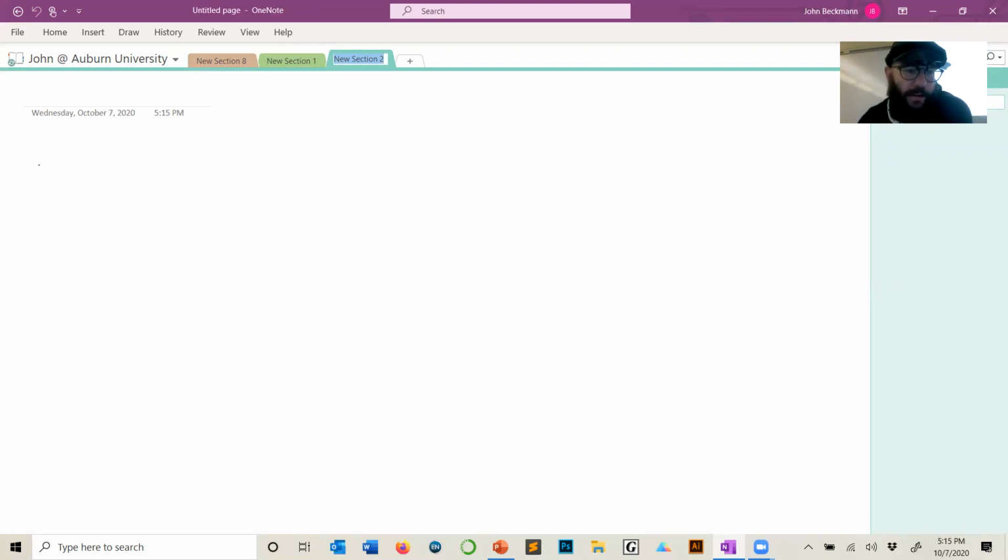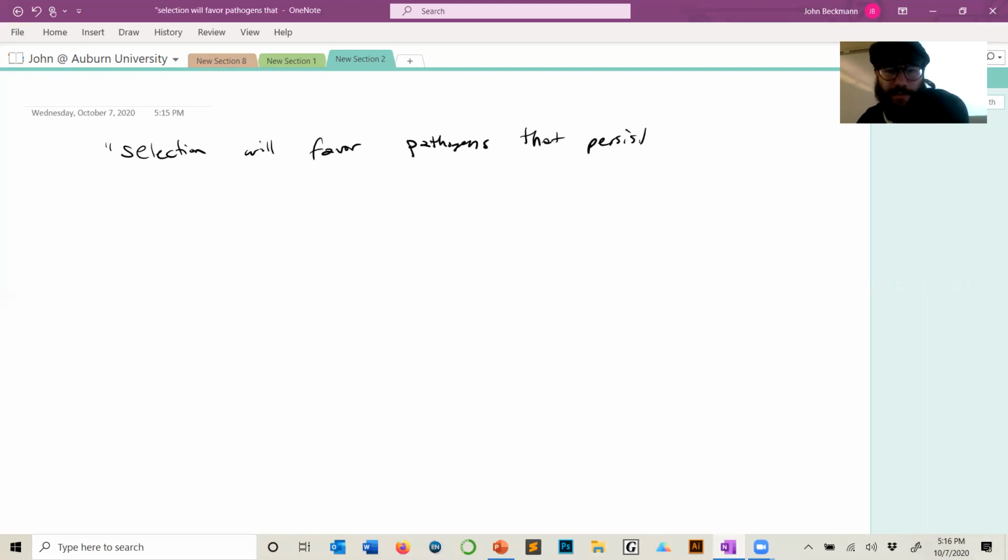Okay. Now, again, just a little bit more context before we go into the discussion of antigenic variation. This phrase, I have this in the notes: selection will favor pathogens that persist in either hosts or reservoirs. Why is that?